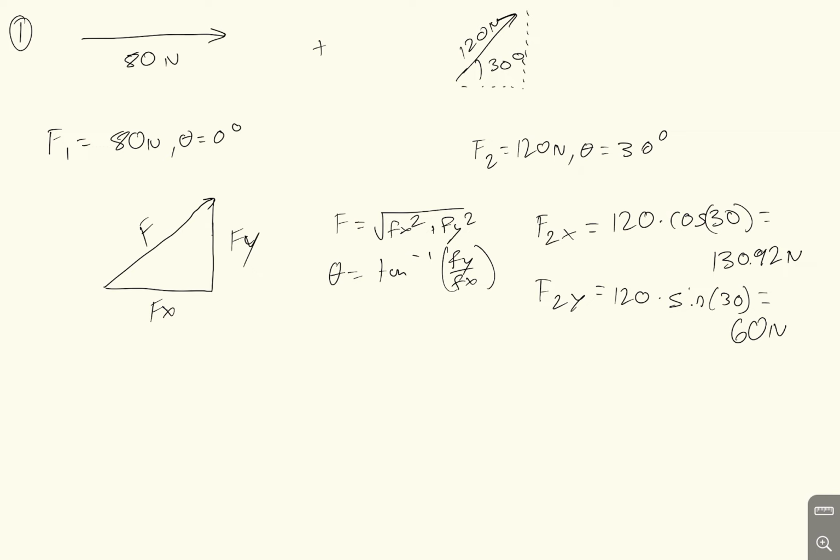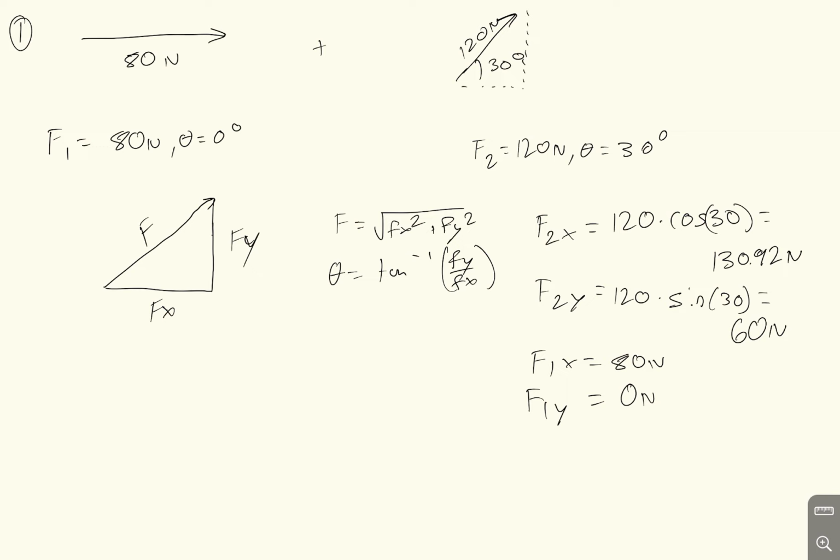And then we remember that our F1x is equal to 80 newtons, and our F1y is equal to 0 newtons because it's going horizontally. And so now we add the two together. So we add all the x's and all the y's.